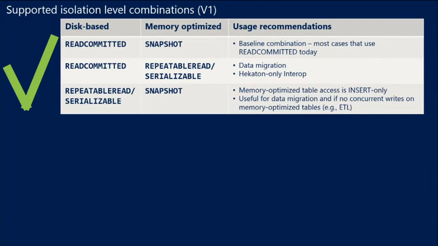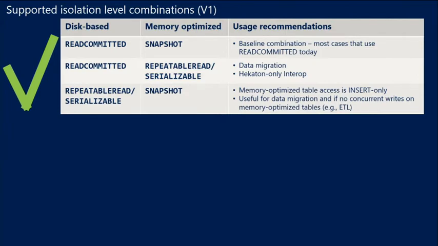So the first combination is if you use read committed for your disk-based and snapshot for your memory optimized tables. So first off, read committed isolation is not supported for memory optimized tables. We always have a snapshot as the beginning of the transaction. So therefore, you cannot use read committed, of course, for memory optimized tables. But this is the kind of baseline combination.